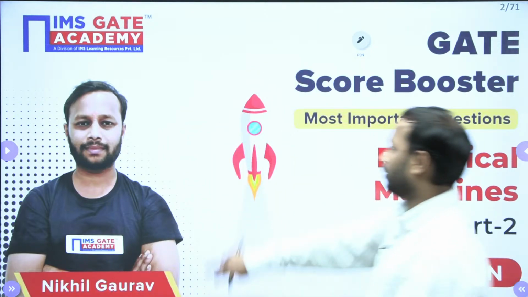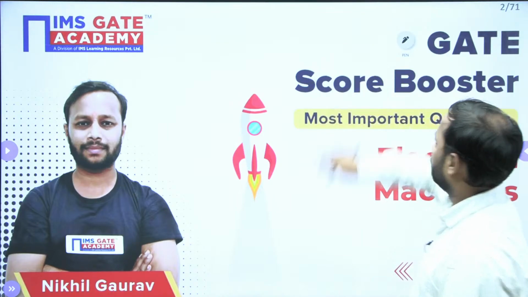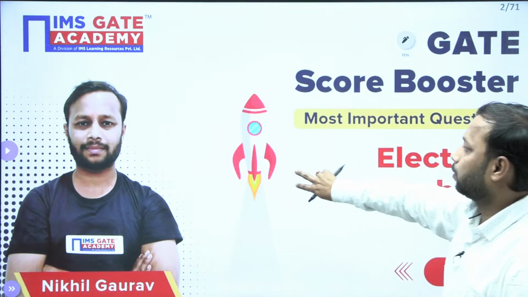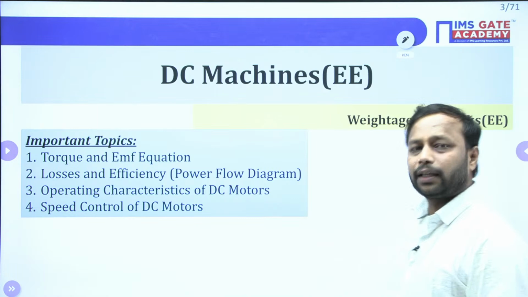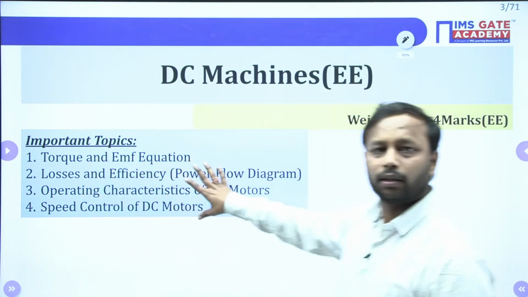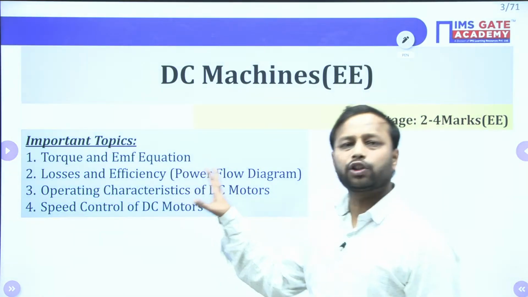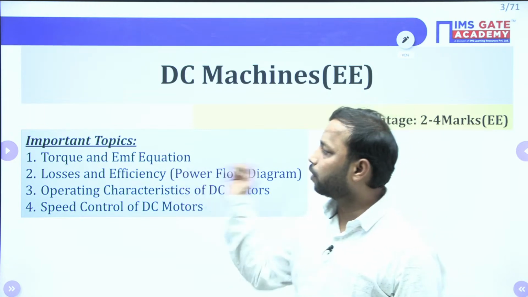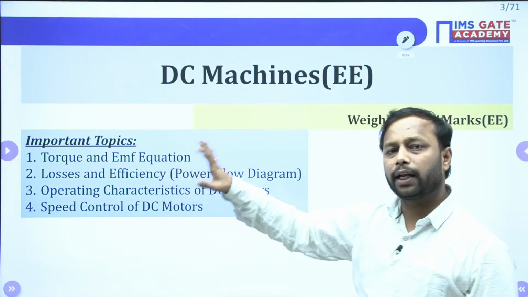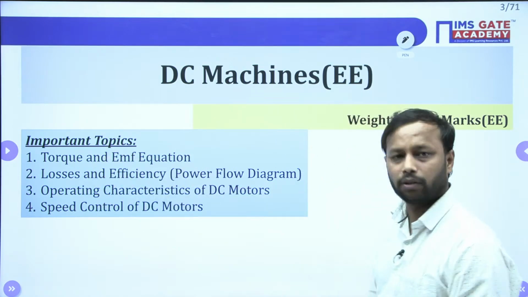This is the DC machine chapter, in which these topics are very important. If you see the past year questions, you will come across that whatever questions we have till date are framed from these topics.